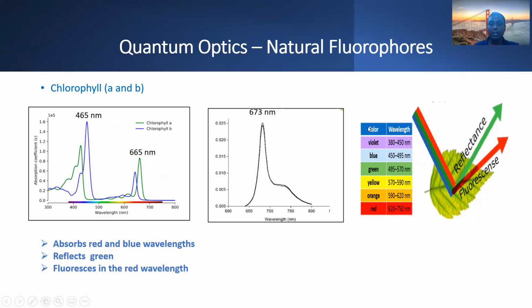So here we have the color and wavelength, and then the light is being reflected on the leaf, which is green, with 495 to 570 nanometer wavelength. So what will happen is that it will absorb the red and blue wavelengths and allow the green wavelength to pass through, and the fluorescence is in the red wavelength.